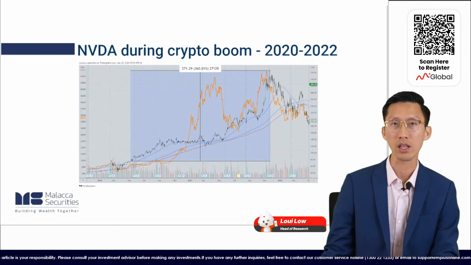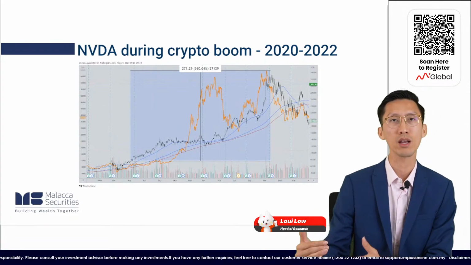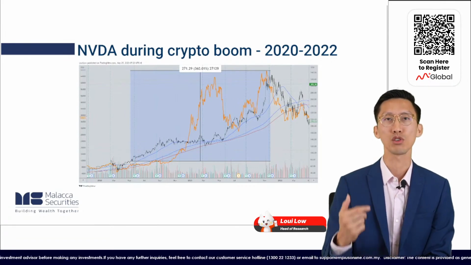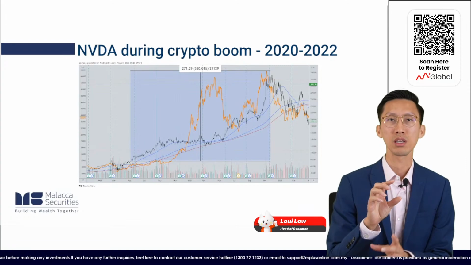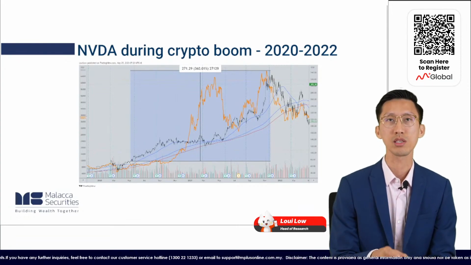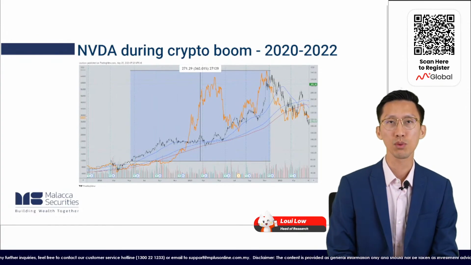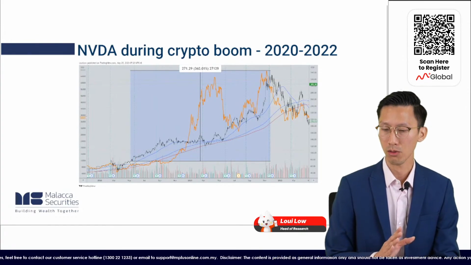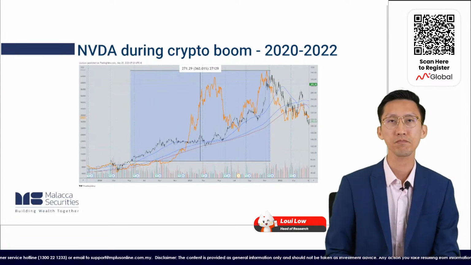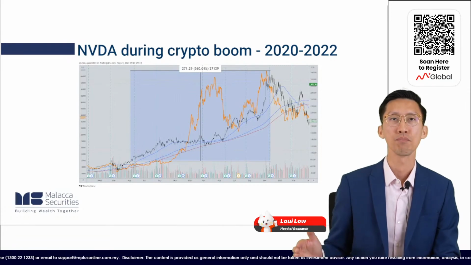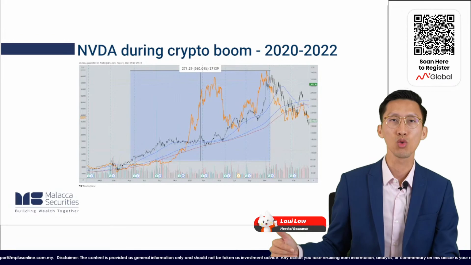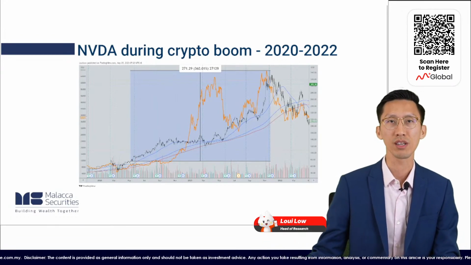Perhaps the AI trend could also translate to that kind of growth as well, especially if the earnings can double or triple from the earnings during the crypto craze in 2021. So in the crypto craze, the highest earnings during that period of time was about 9-ish billion.